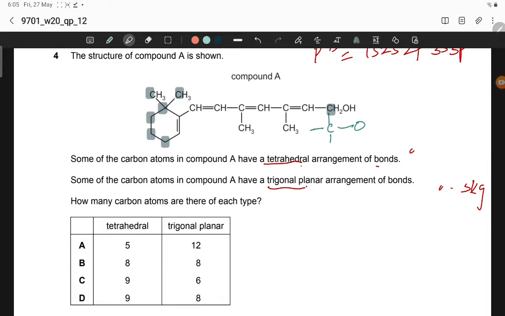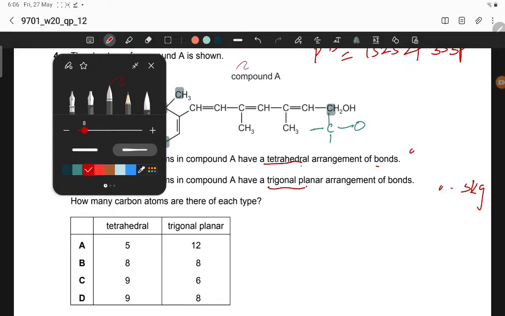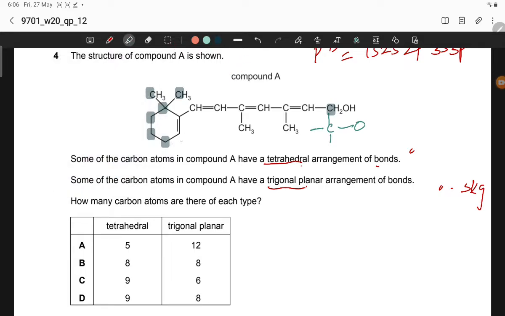This 1, 2, 3, 4, 5, 6, 7. This is trigonal planar.